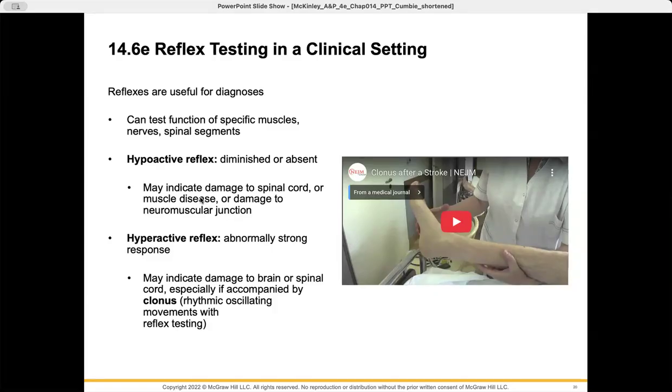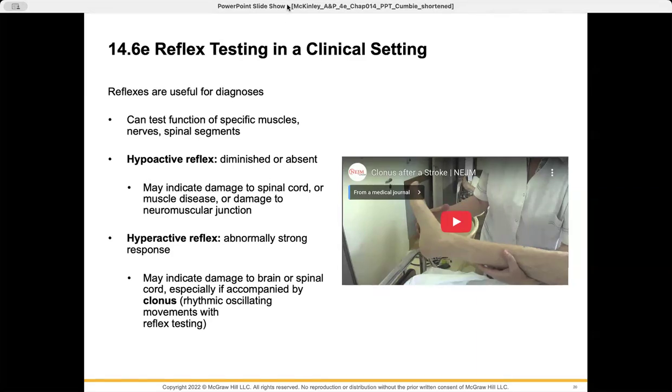And what we're typically looking for is a hypoactive reflex, meaning there's a diminished or absent response to a reflex that would normally occur, or there's a hyperactive reflex, an abnormally strong response, which may form something like a clonus. If you're interested in learning more, I did a video of a clonus where a reflex is stimulated by this doctor, but the person cannot control the reaction for it.